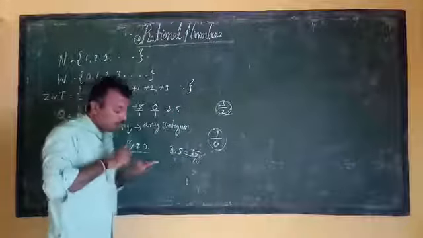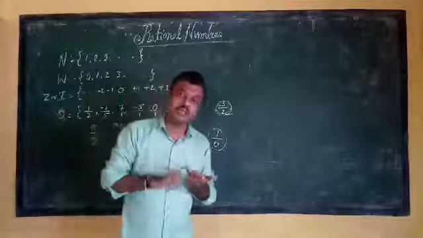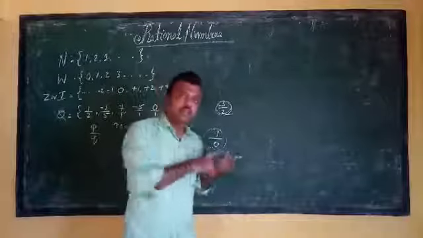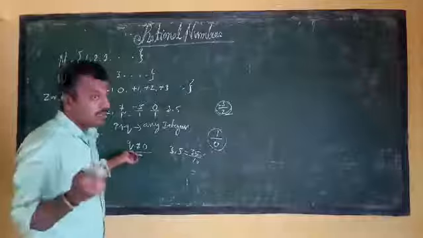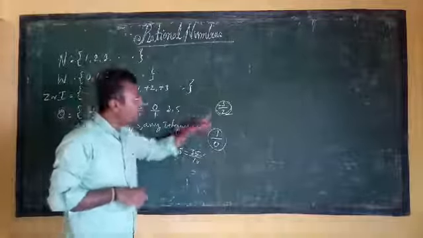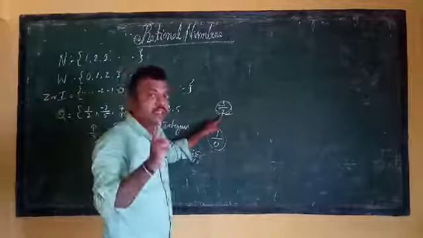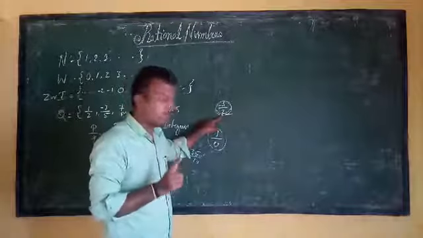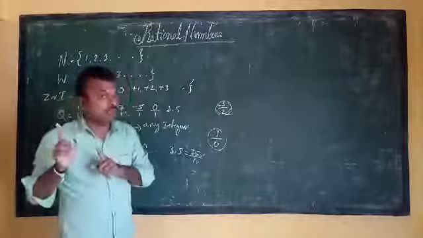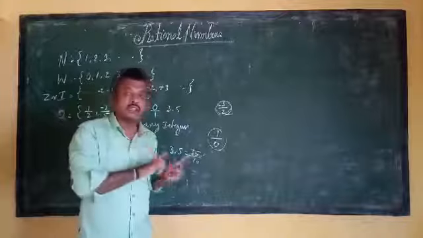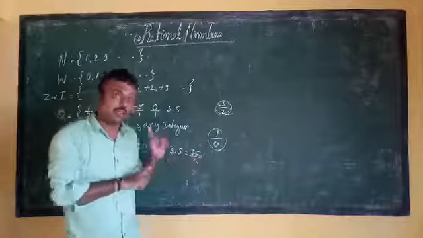Rational numbers can have both a positive sign and a negative sign, but fractions have only the positive sign. That is why every fraction is a rational number, but every rational number is not a fraction.